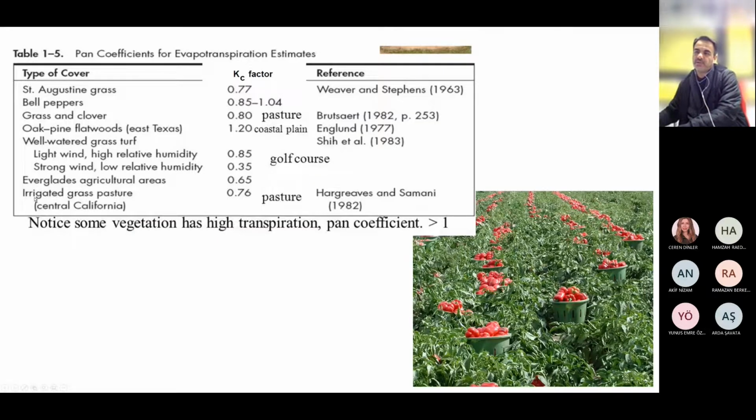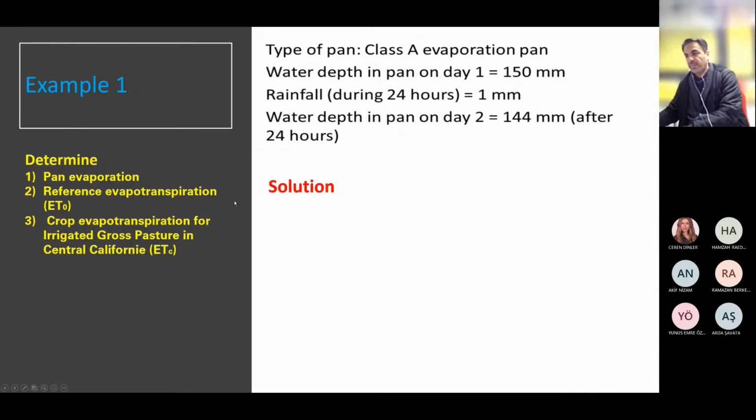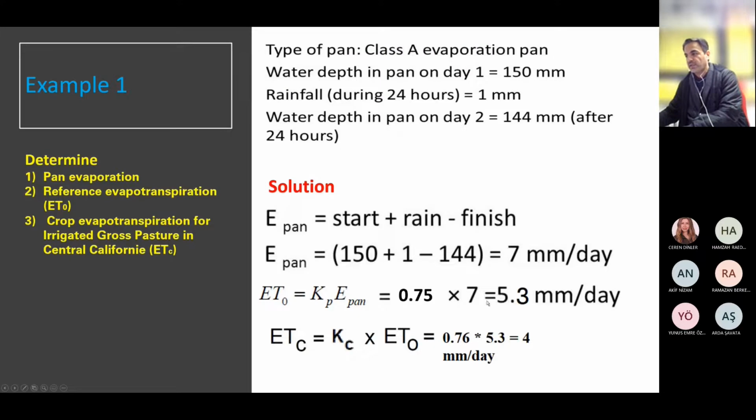You see here I have irrigated grass pasture in Central California and Kc is 0.76. Therefore, I multiply the ET0, 5.3, by Kc, 0.76. Therefore, the crop evapotranspiration for that day should be 4 millimeter.